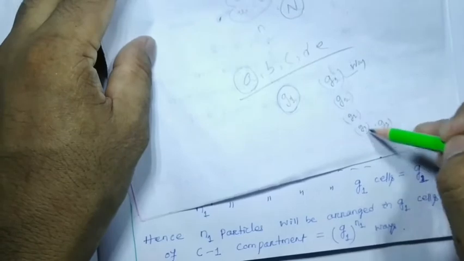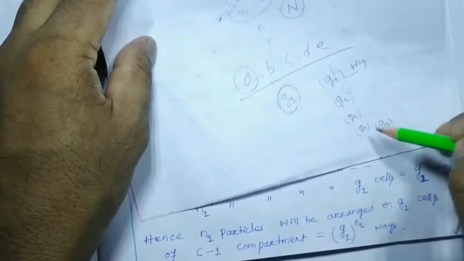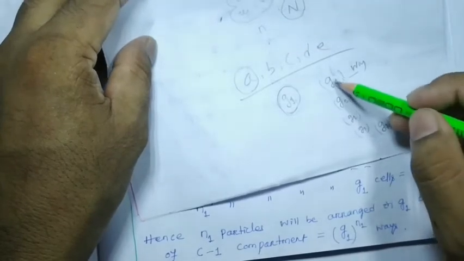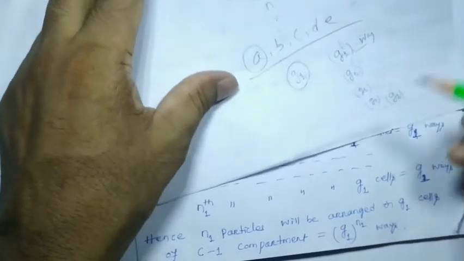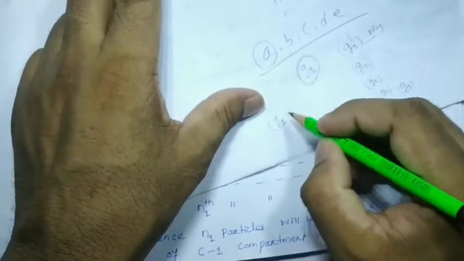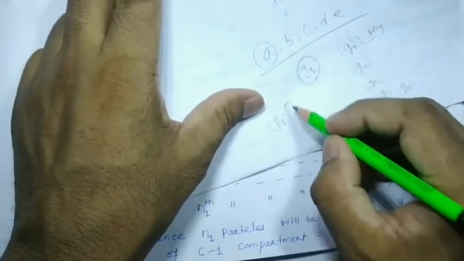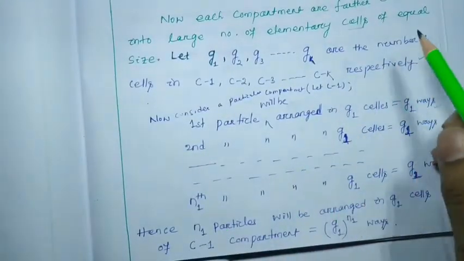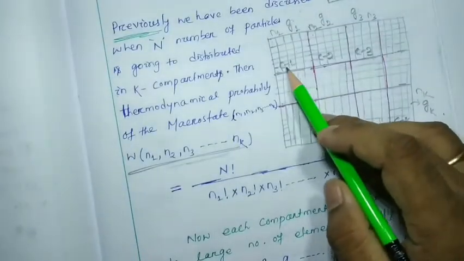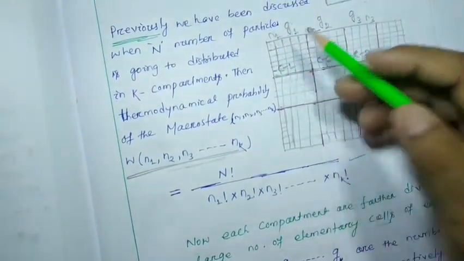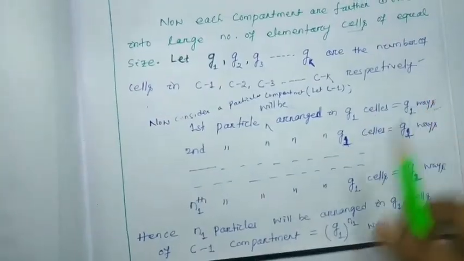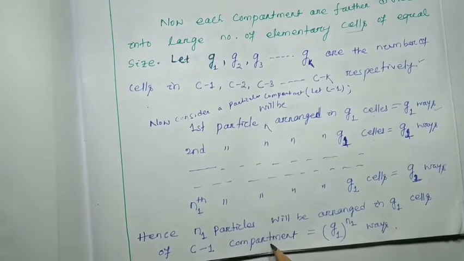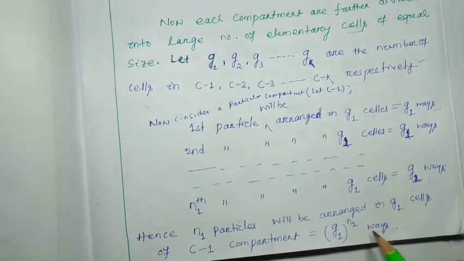As these arrangements are fully independent, they are going to be multiplied. So the total number of ways will be g1 to the power 5, right? Likewise, if we have n1 particles in compartment C1, then n1 particles will be arranged in g1 cells of the C1 compartment in g1 to the power n1 ways.